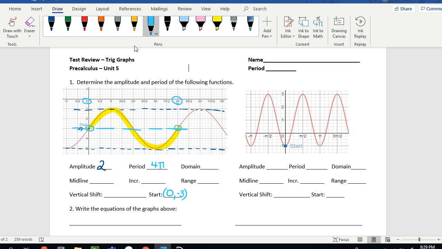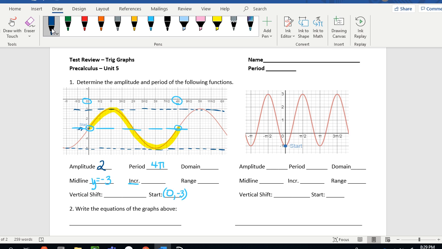Okay, the midline we just pointed out, it's right here at -3. So it's not just -3, but y equals -3. This is not increase or decrease, that kind of thing. This is short for increment. So right here, it's wanting the increment.